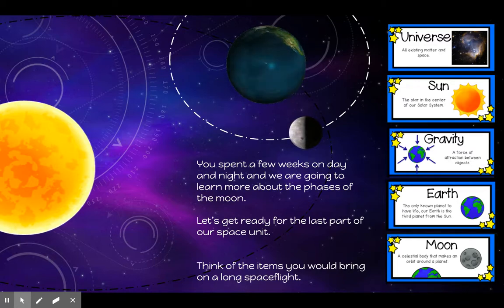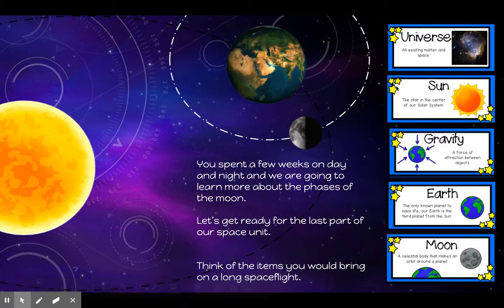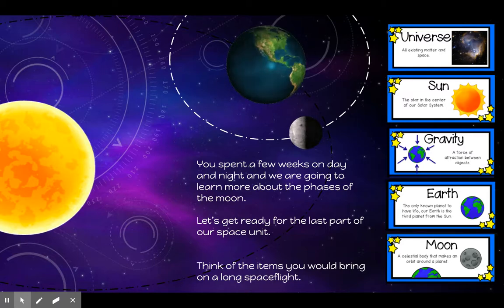We have the universe, which is all existing matter in space. The sun, the star at the center of our solar system. And we are learning in the 5th grade that the sun is what is used to heat and control our water cycle.